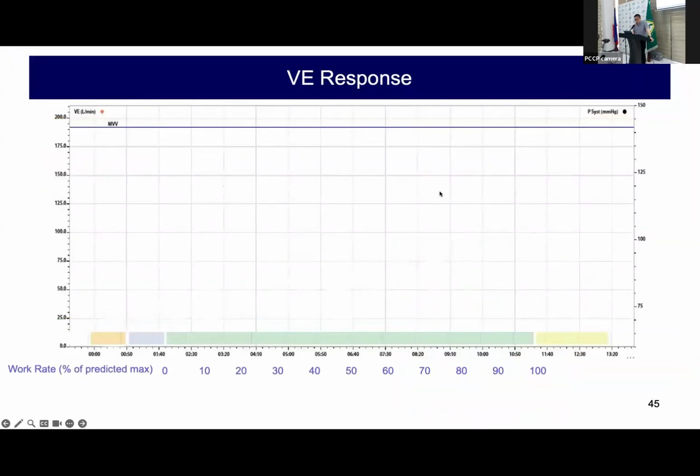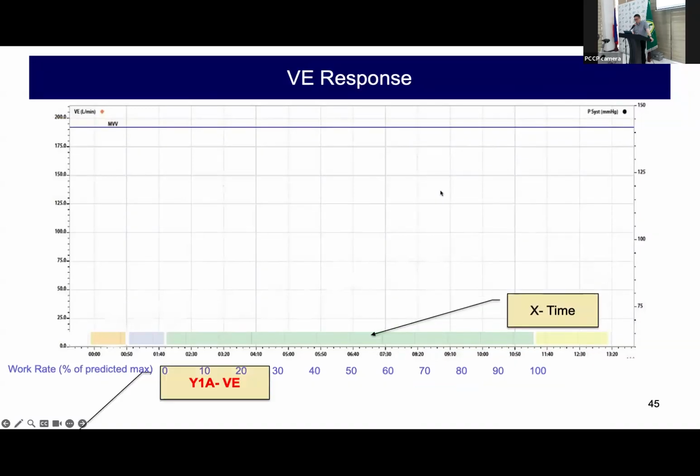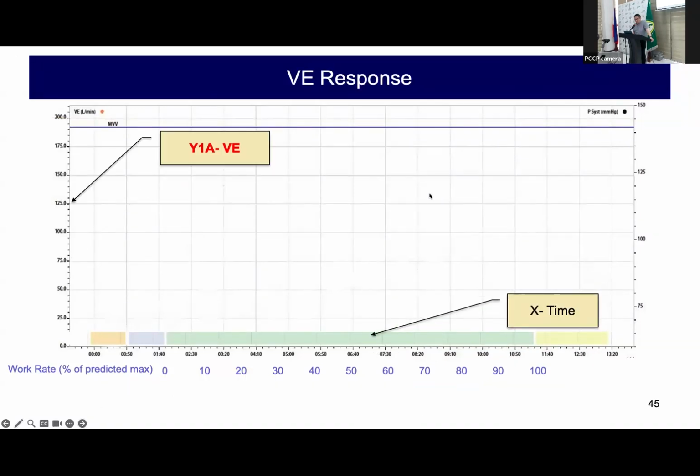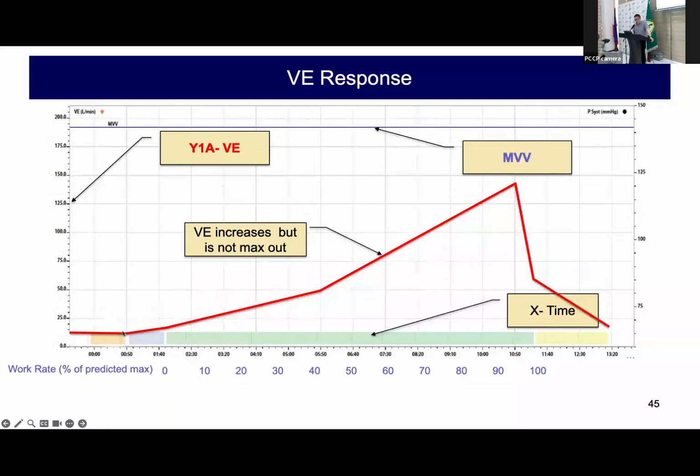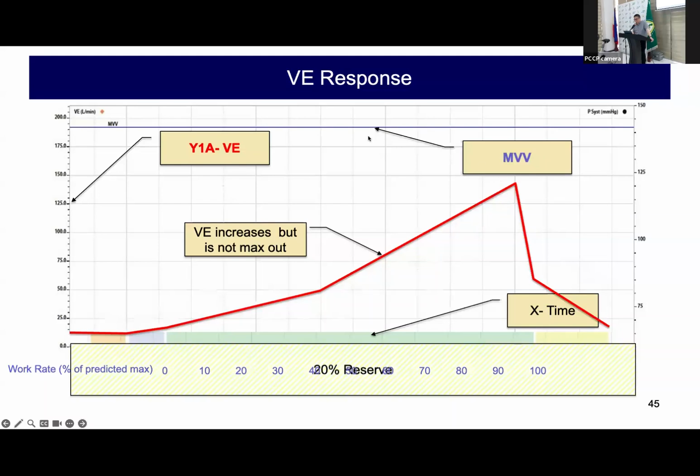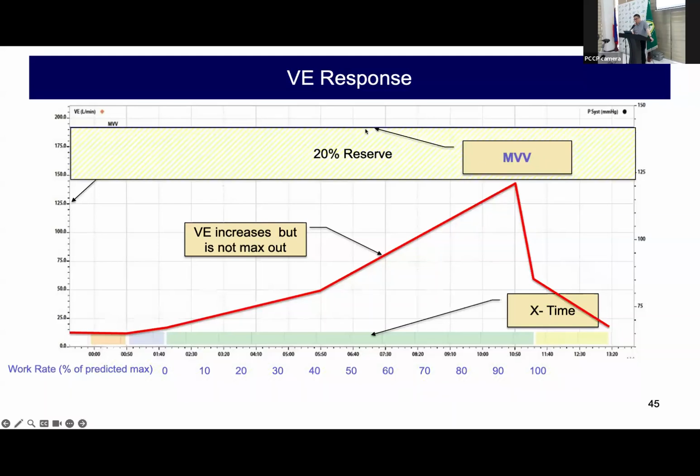Let's see the VE response. X is time. Y1 is minute ventilation. That's the MVV, what is expected of the subject. So the VE increases with increasing work rate, but it doesn't max out. It doesn't reach MVV.